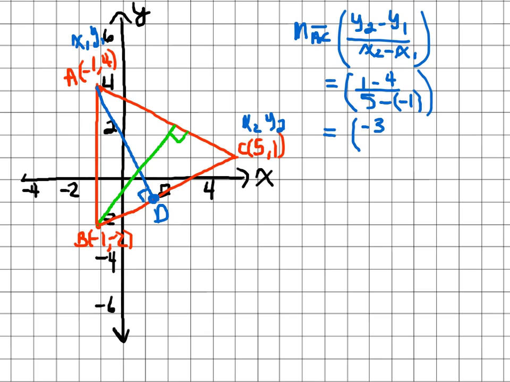And this is minus 3 over 5 minus 1 is 6. So I have minus 3 over 6, which is negative 1/2. So if I know that my slope of AC is negative 1/2, the perpendicular slope, so I'm going to do that, is the negative reciprocal. So I will have to change the sign, which will be positive, and it then becomes 2 over 1. And so my slope of my perpendicular line is now 2.